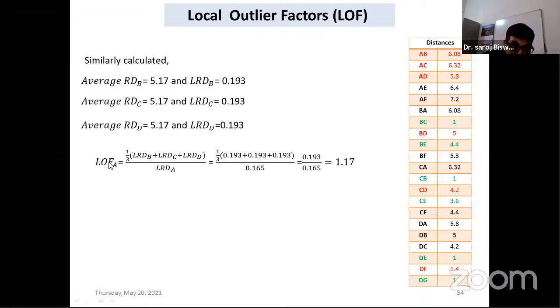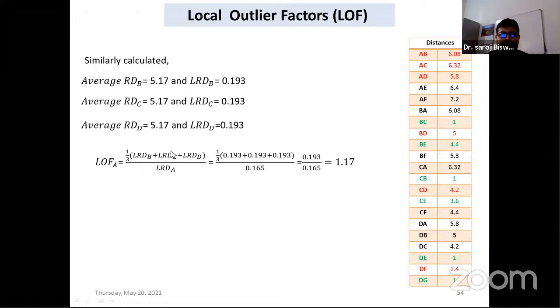Now, LOF score of the point equals 1 by 3. Why 1 by 3? Because how many neighbors are we having? 3 neighbors. So average local reachability distance of the neighbors, and that one is directly I have written. I didn't write the mathematical equation here.